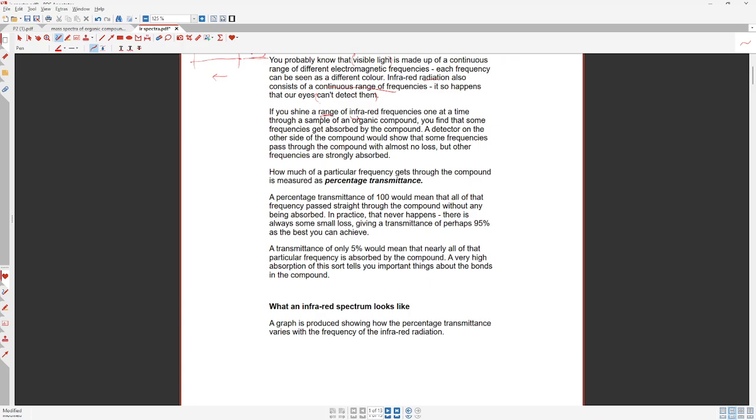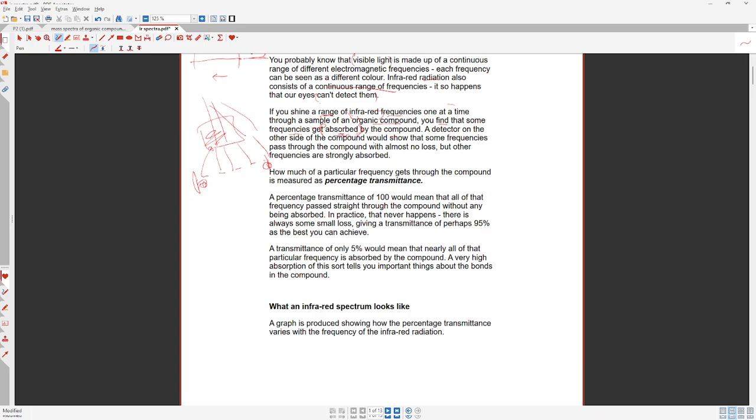Now, if you shine multiple frequencies of infrared, one at a time, through a sample of an organic compound, you find that some frequencies get absorbed by the compound, or rather some frequencies get absorbed better. So if we have a range of frequencies from lowest to highest, and we shoot them all, we'll see that one gets absorbed and the rest just pass through.